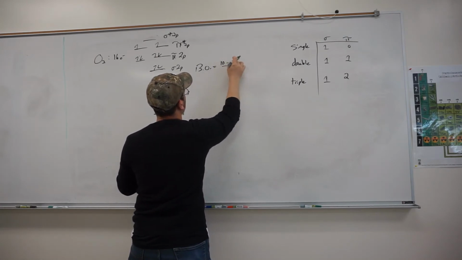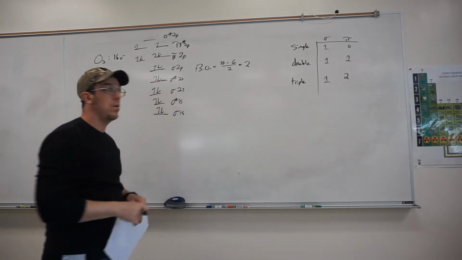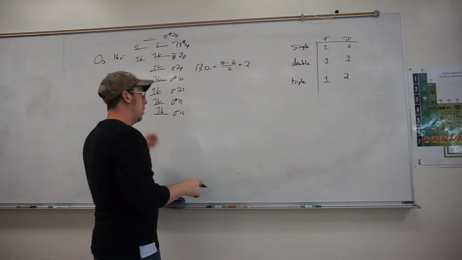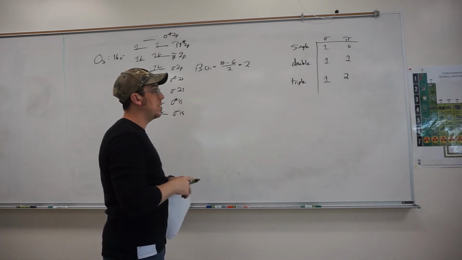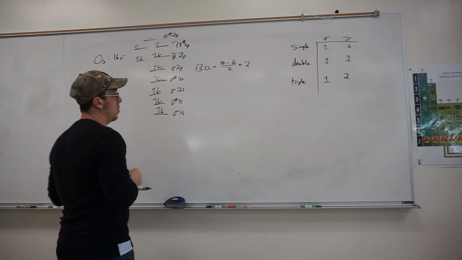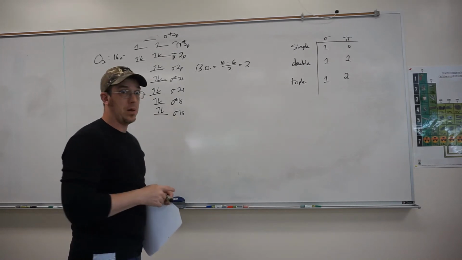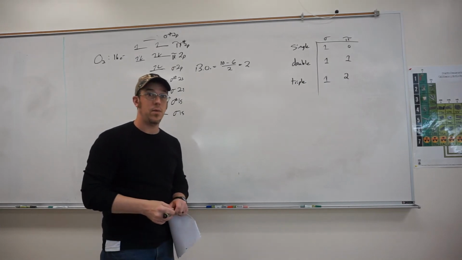So 10 minus 6 is 4, 4 divided by 2 is 2. Now if you saw in the first example, hydrogen gas bond order was 1, the bond order for oxygen is 2, so that means the oxygen gas would be more stable because it has a higher bond order. It also means that you're going to have a shorter bond length.